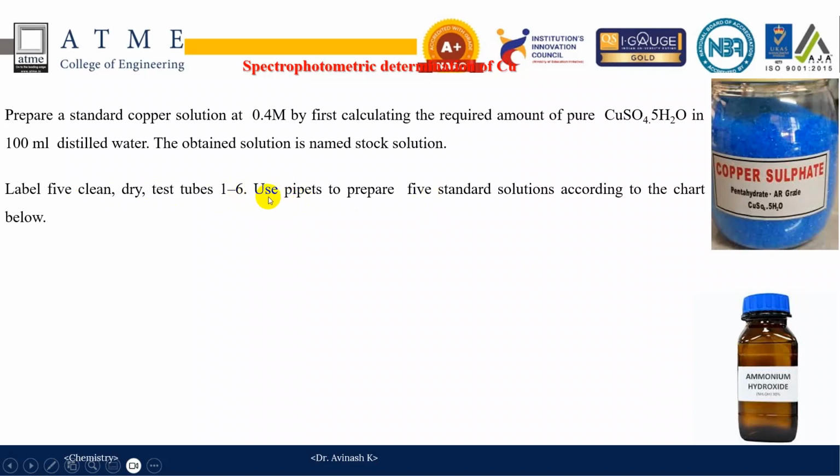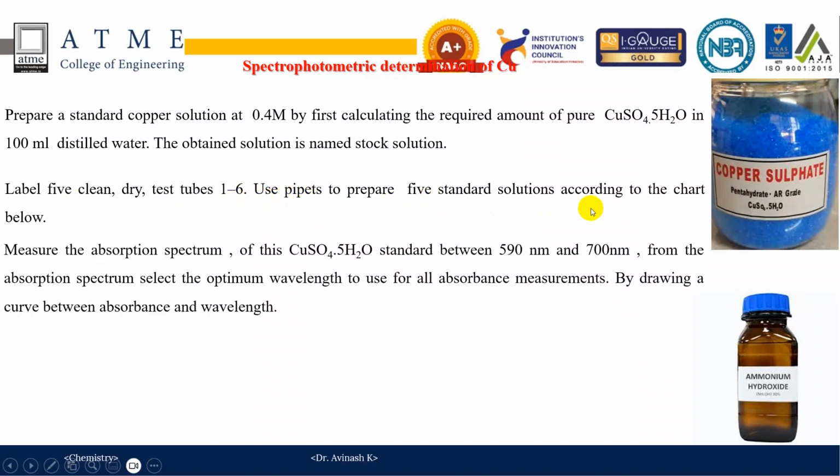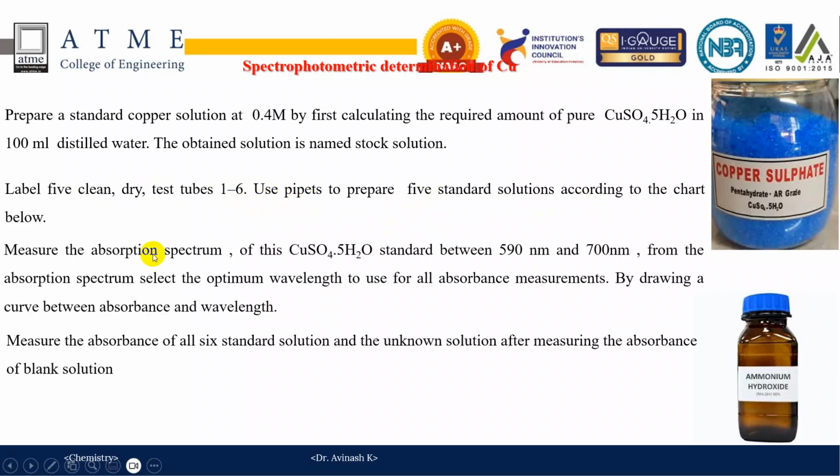Label these as 5, 10, 15, 20, 25, a test solution and a blank solution. Now add different volumes of copper sulfate, and to that add 5 ml of ammonia solution. Then measure the absorption spectrum of this solution at 620 nanometer.